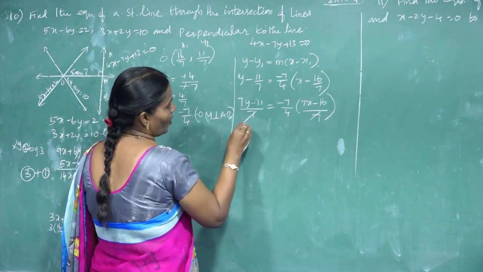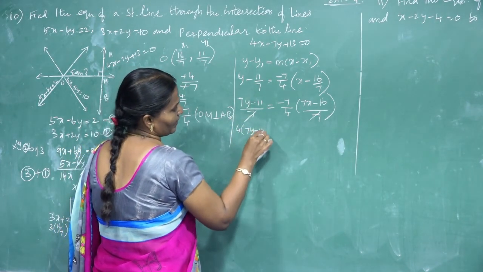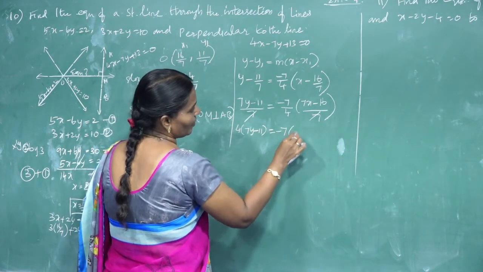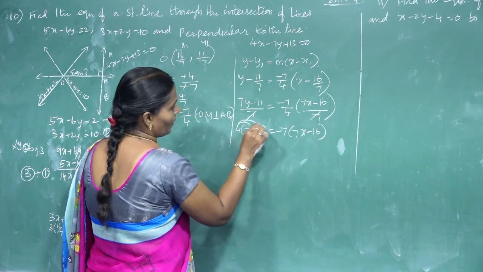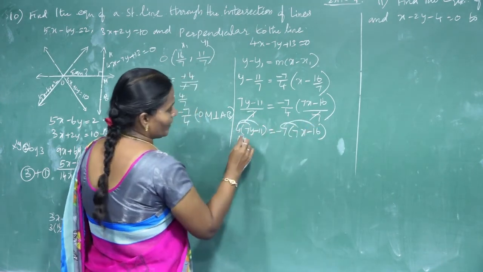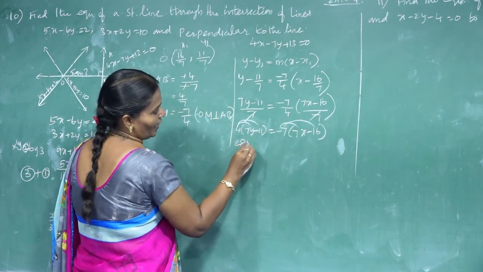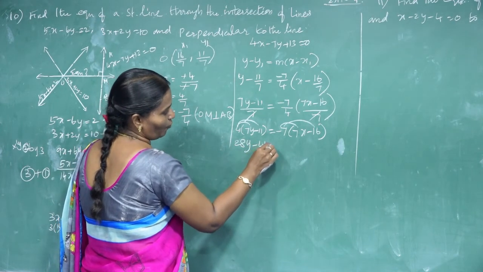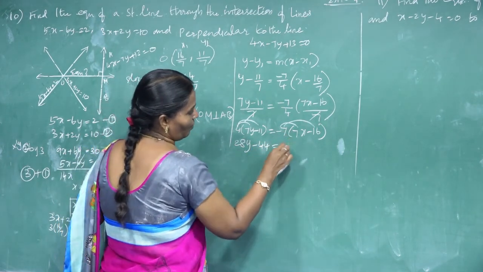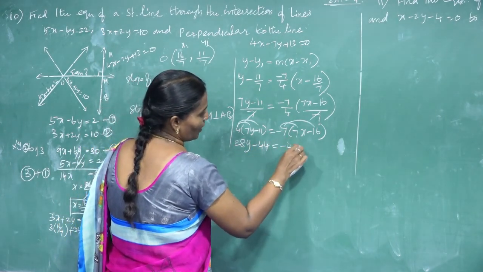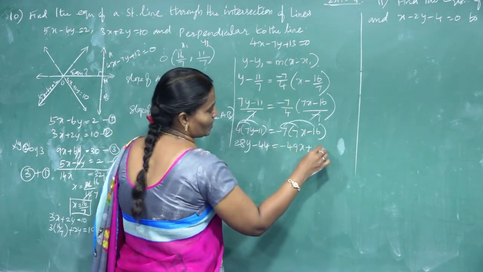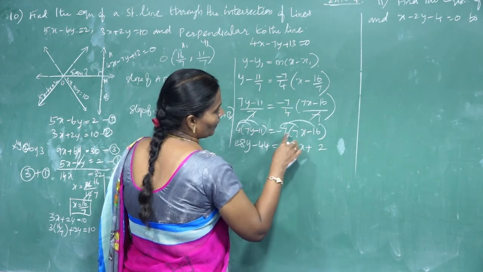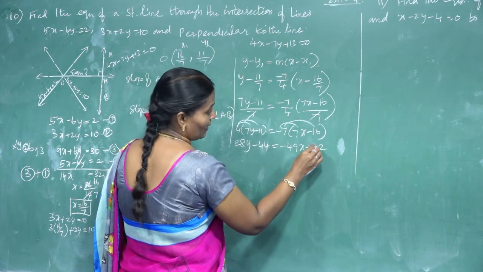So 4 of 7y minus 11 is equal to minus 7 of 7x minus 16. Multiply inside: 4 sevens are 28y minus 44 is equal to minus 7 sevens are 49x, minus into minus is plus, 7 sixteens are 112.